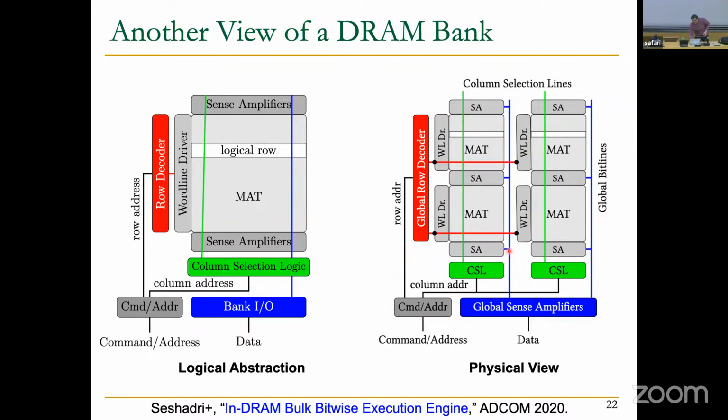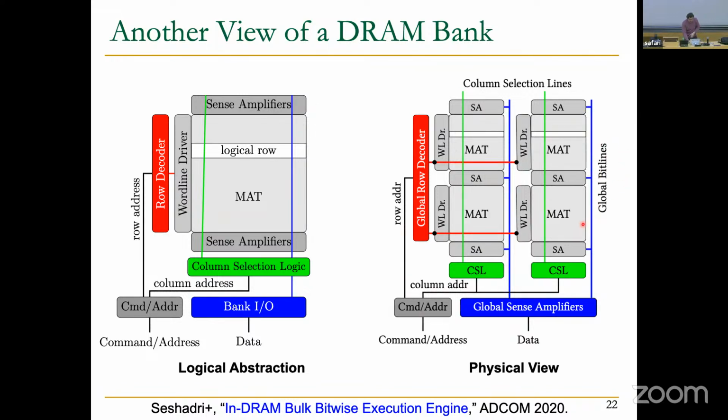You connect some of the sense amplifiers with each read access to your global sense amplifiers. And this mat organization will allow you to shorten the distance between any sense amplifier and a global sense amplifier connection, which is labeled as global bit line here.